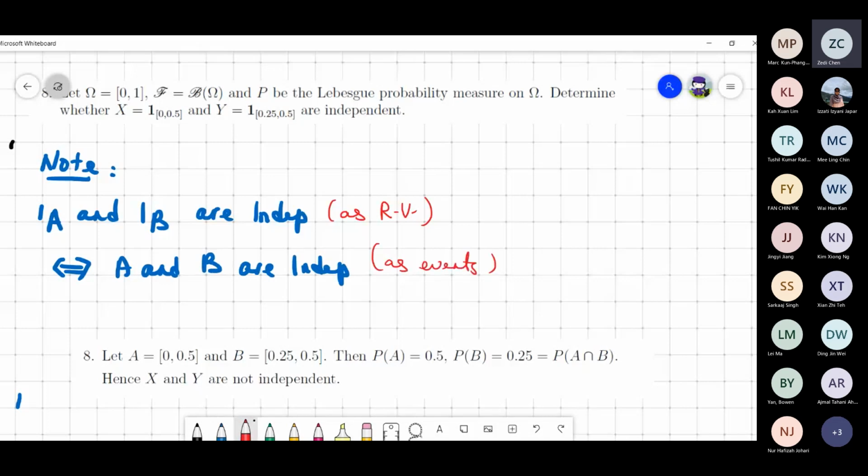So what you can do, if you want to check whether these two indicator functions 1A and 1B are independent or not, is just check whether A and B are independent or not.